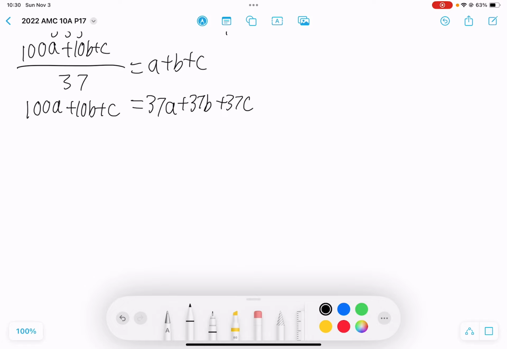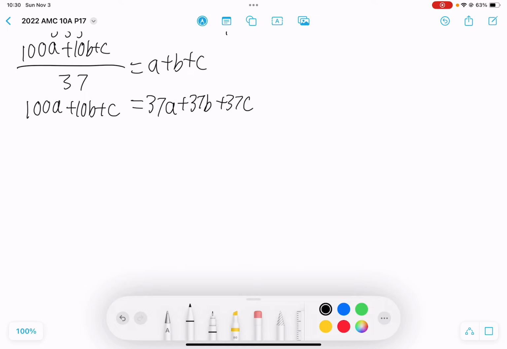Now we've done the easy stuff by simplifying the equation. Now we want to solve it for all possible values of a, b, and c and count the number of non-zero values that work. Firstly, I want to move the like terms to one side. To ensure the coefficients are still positive, I'm going to move 37a to the left-hand side.